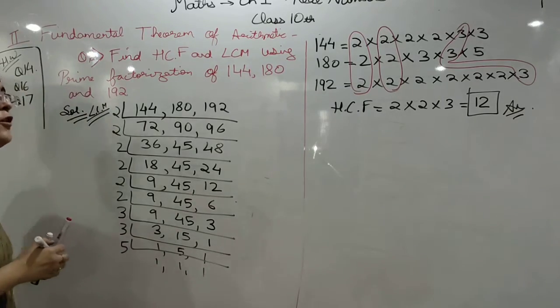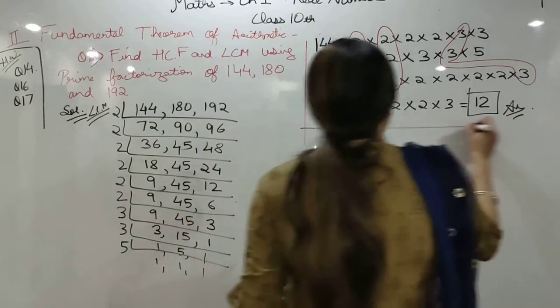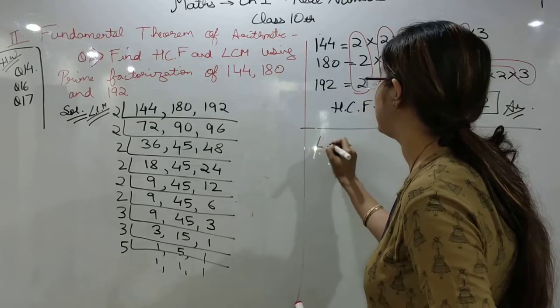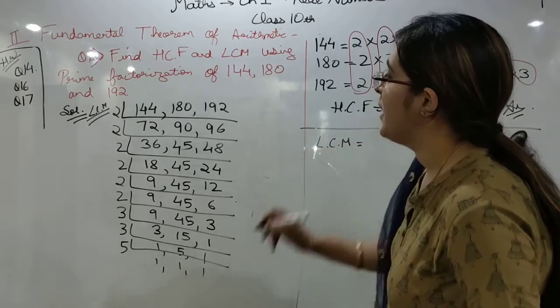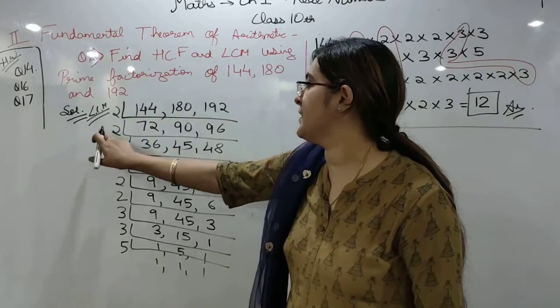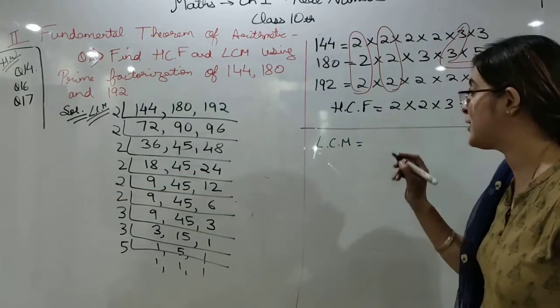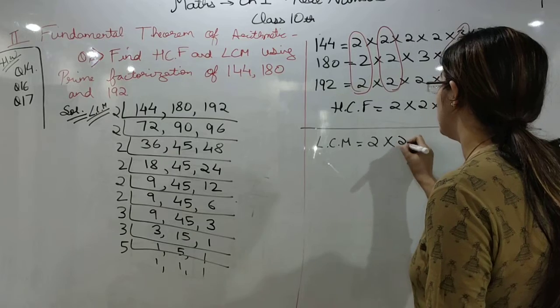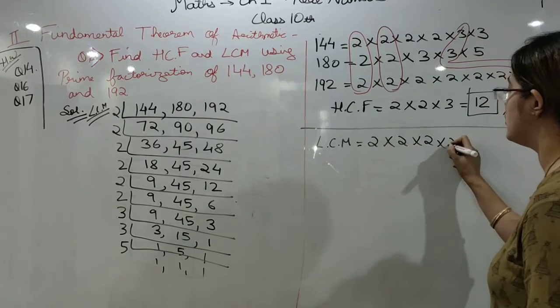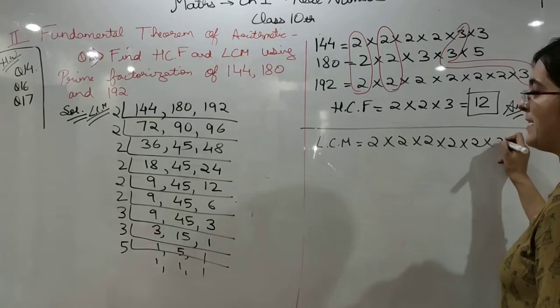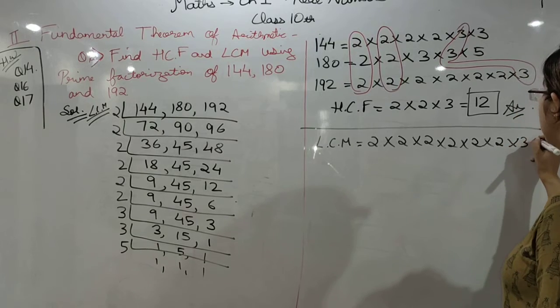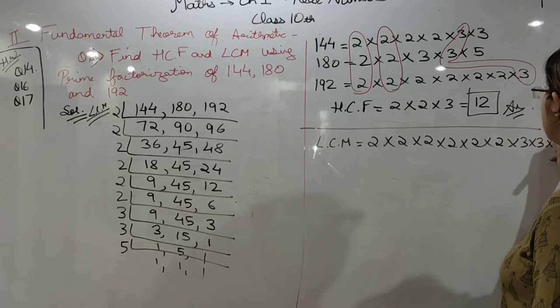So what are the factors? We can write here the factors in the LCM. How many times do we have 2? 1, 2, 3, 4, 5, 6 times we have 2. 2 into 2 into 2 into 2, we will write it 6 times. Then 3 twice and then once 5.